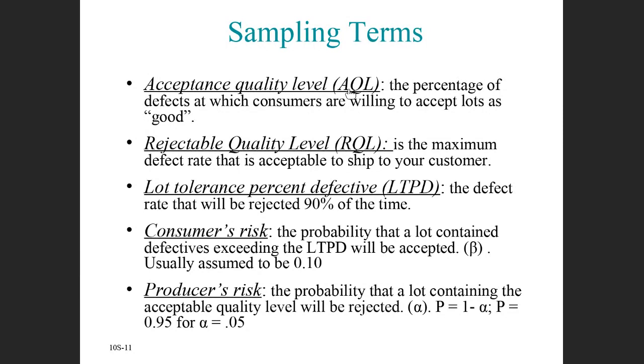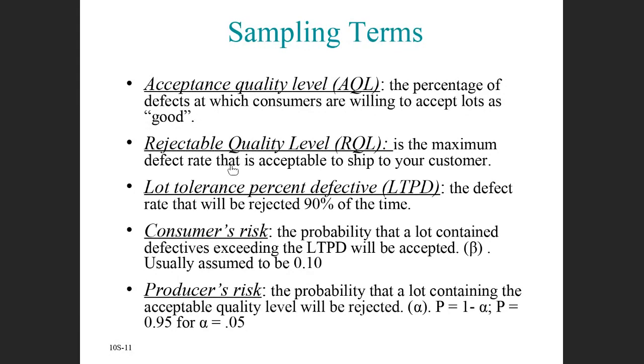If it is exceeding the 5%, then that sample will be rejected. And if it is a single sampling plan, it will be the same for the lot. The rejectable quality level, which is the RQL, is the opposite of the AQL.